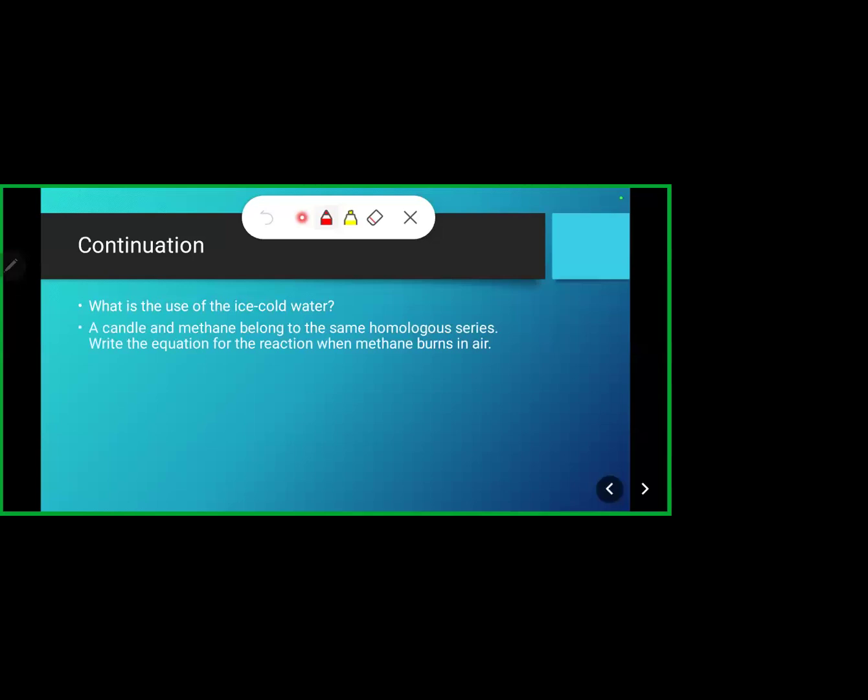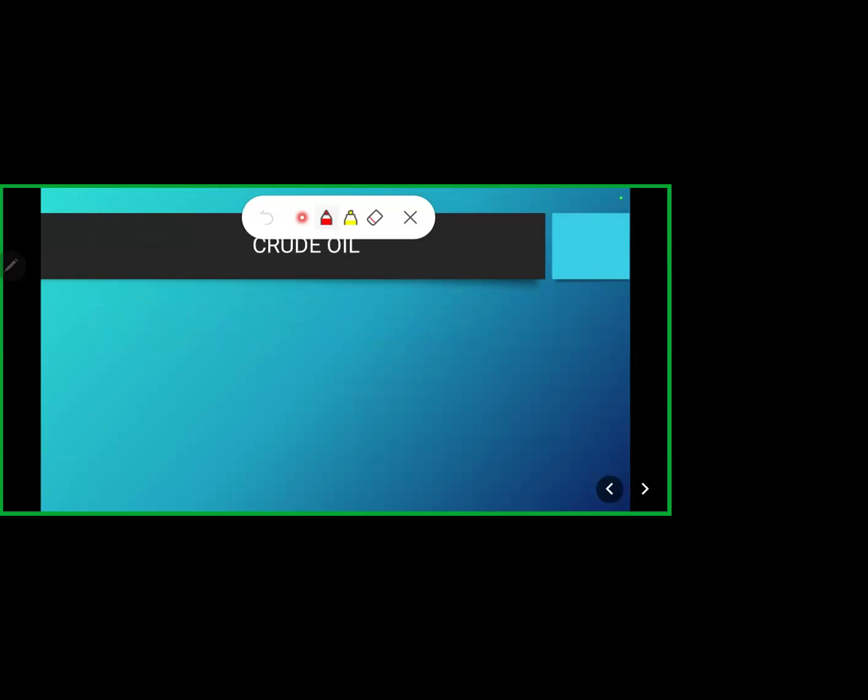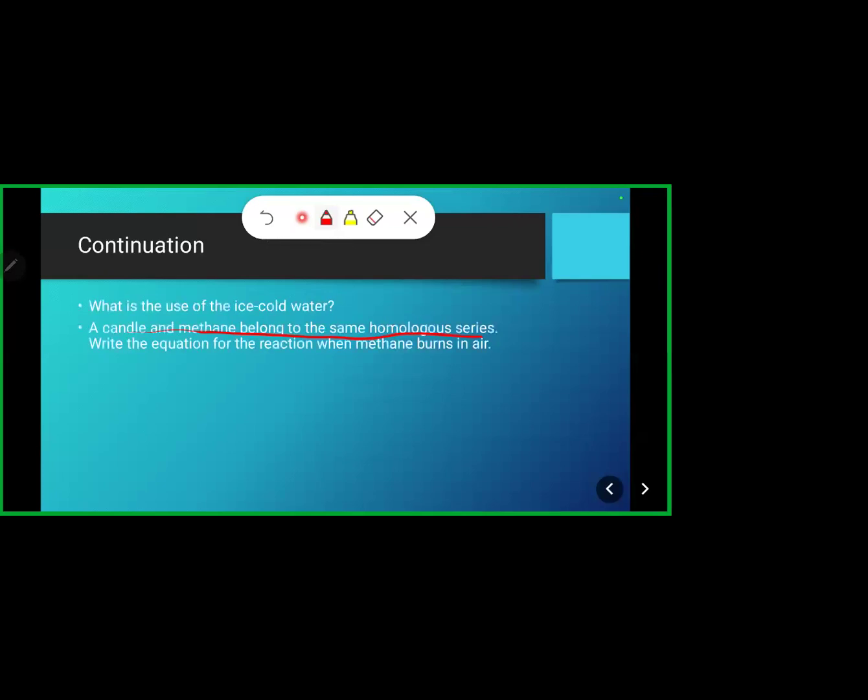Okay, so there is a conclusion here that a candle and methane belong to the same homologous series, and therefore the equation I've already written that one. I don't think I need to rewrite it. Rewrite methane plus oxygen giving us carbon dioxide and water. So that is the equation for the reaction when methane burns in air.